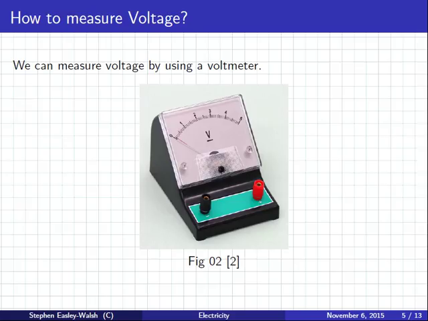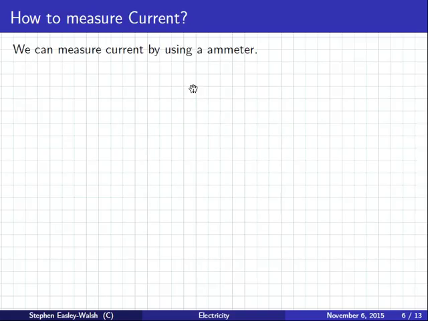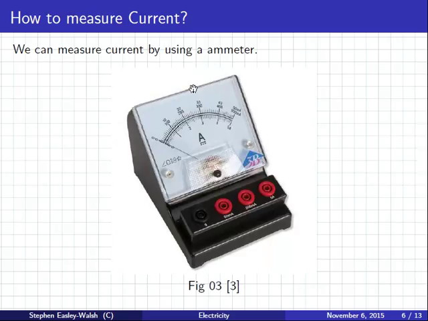Okay. Next one. As you could probably guess, what would you measure current with? Ampere or resistance. Yeah, you measure current using an ammeter. And here's a picture of it. Get ready. It looks totally different. This is how you measure current using an ammeter.